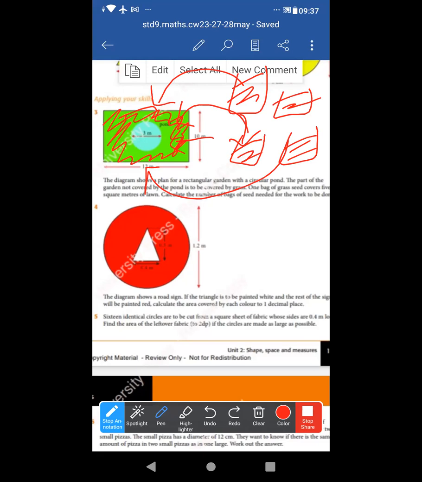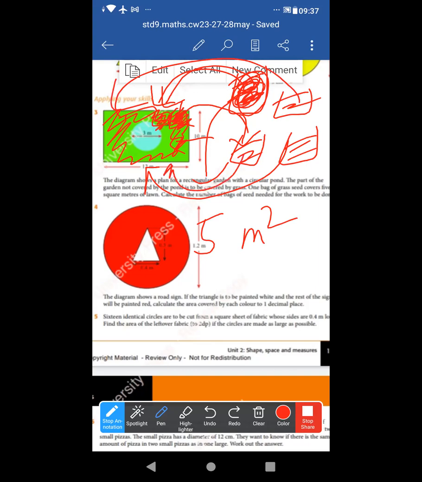It is given that the area covered by each bag is 5 meters square. That means if we put 1 bag, only 5 meters square of this garden will be filled. If we put 2 bags, then 10 meters square will be filled. If we put 3 bags, then 15 meters square will be filled.